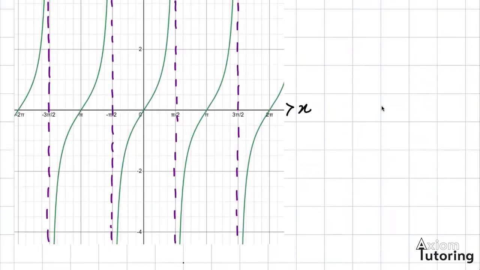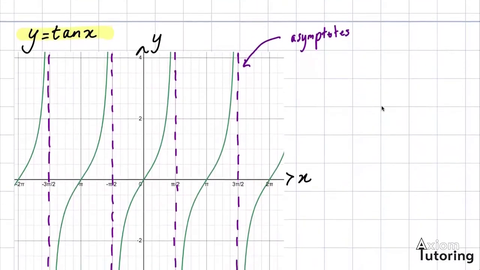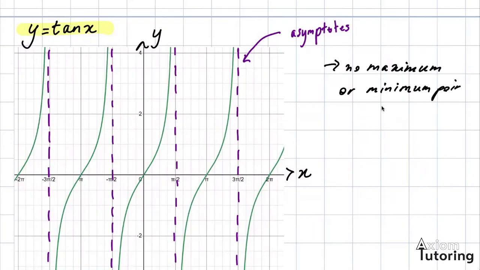Because the graph of tan x has vertical asymptotes and increases without limit between them, it has no maximum or minimum values. And its range is all real numbers.